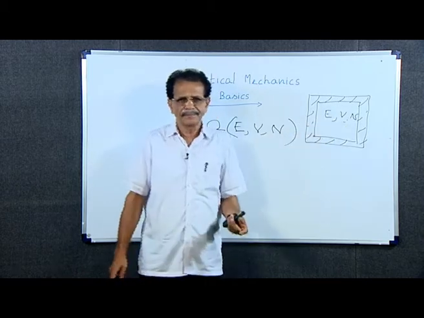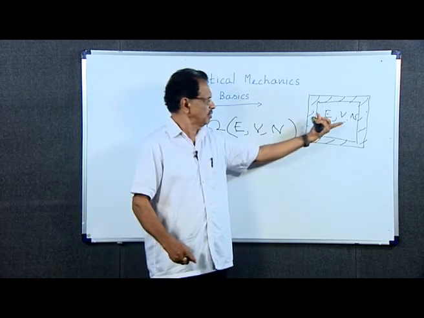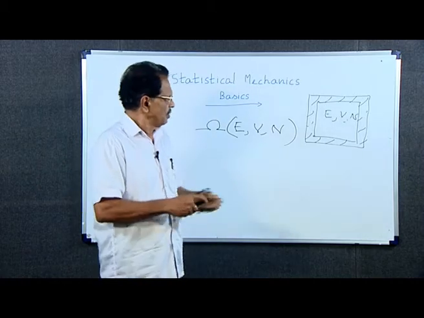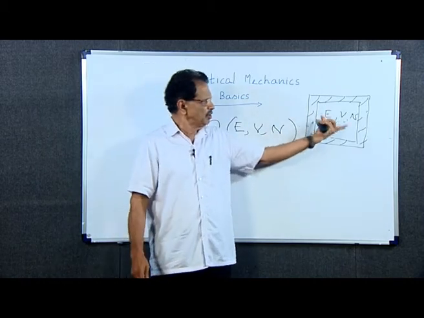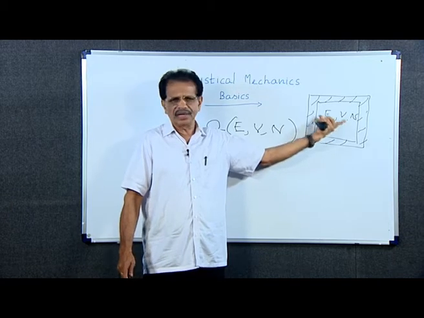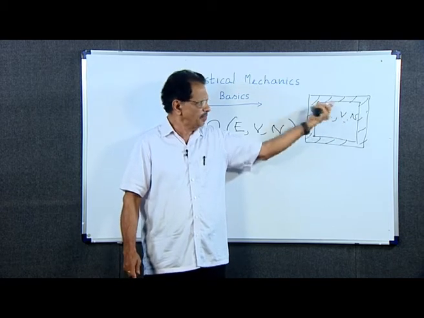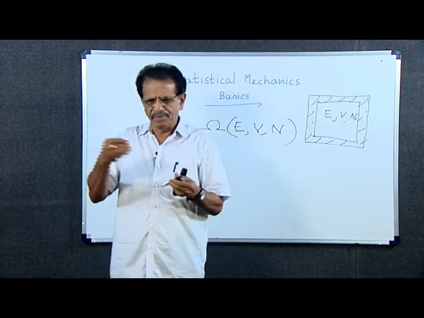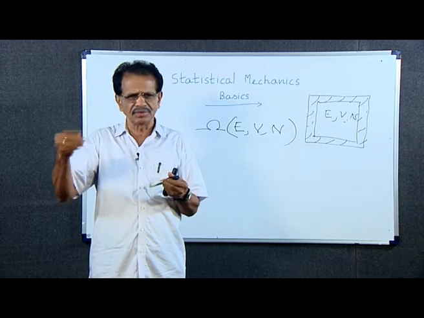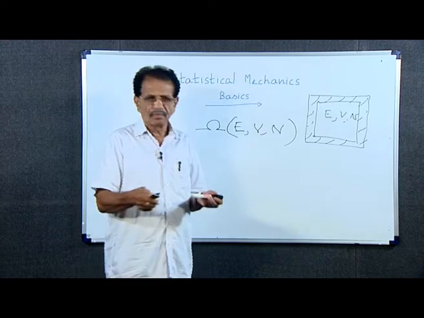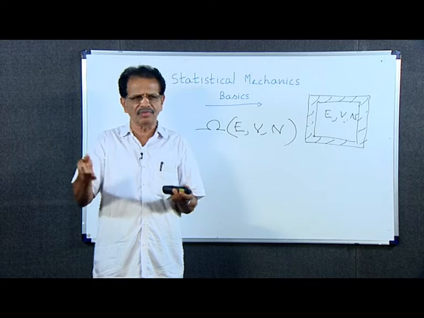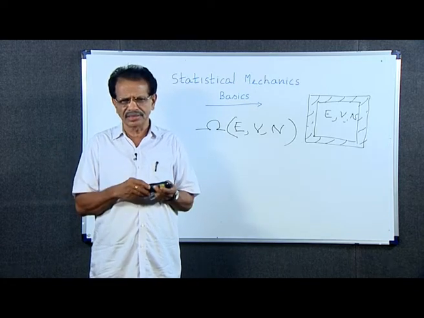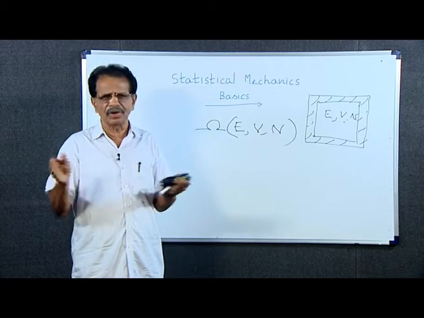So, for an isolated system, I am characterizing the macro state as E, V, and N, when the system is in equilibrium. If it is not in equilibrium, other parameters will be there. I have to define other parameters, and consequently those parameters change such that finally the system achieves equilibrium. But whole of this statistical mechanics that we are discussing today is based on equilibrium statistical mechanics, or the equilibrium properties.